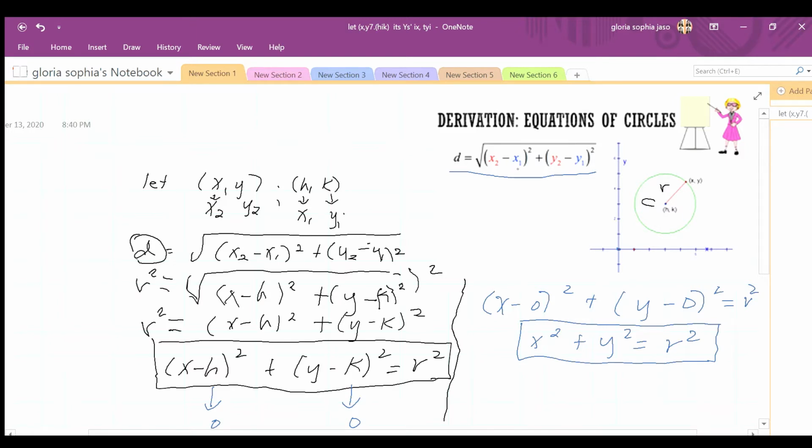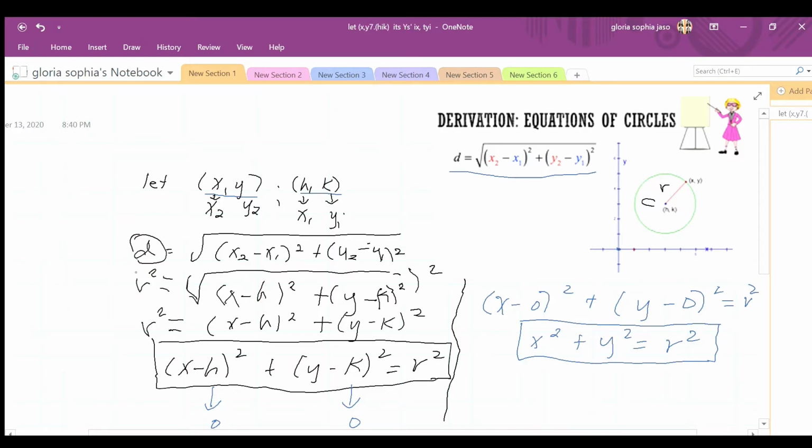Square root of x sub 2 minus x sub 1 quantity squared plus y sub 2 minus y sub 1 quantity squared. Ayan. So, let natin, class, na yung point xy natin be our x sub 2 and y sub 2. And yung point HK natin is yung x sub 1 and y sub 1 natin.